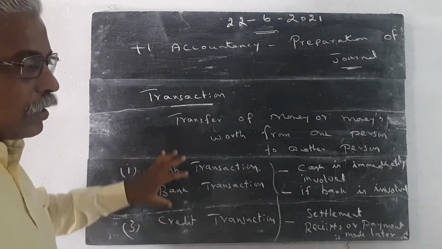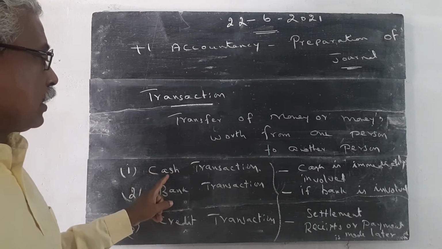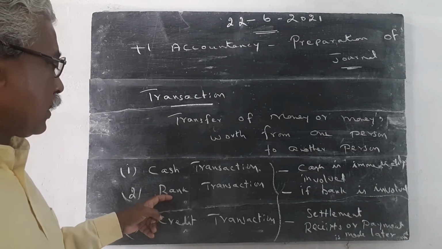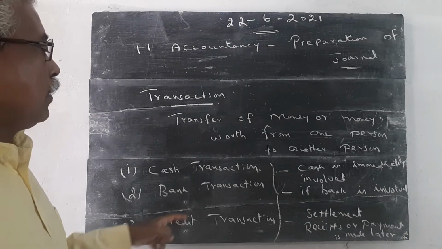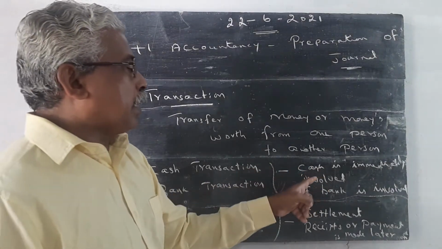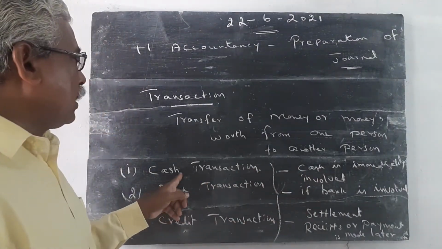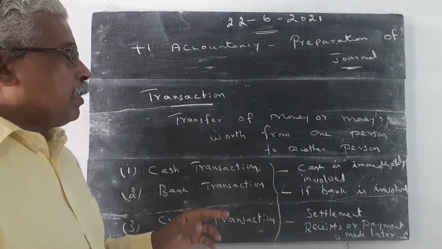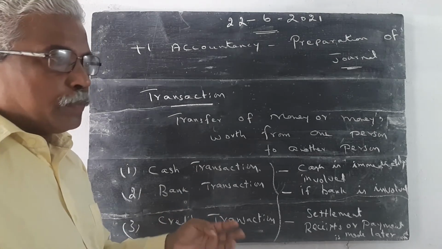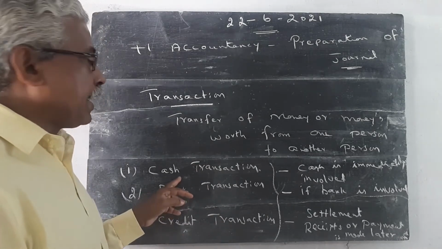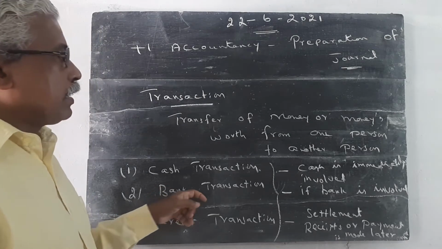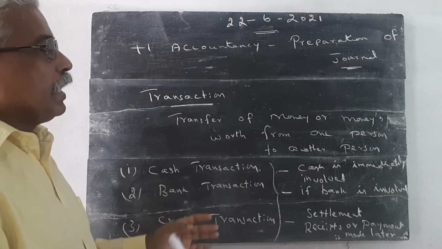Then there are three types of transaction: cash transaction, bank transaction, and credit transaction. When cash is immediately involved, it is called a cash transaction. That means receipt or payment is made immediately. Bank transaction means if bank is involved in any transaction.